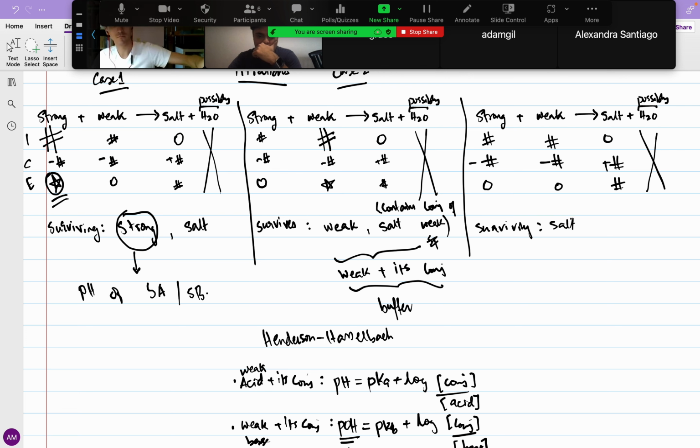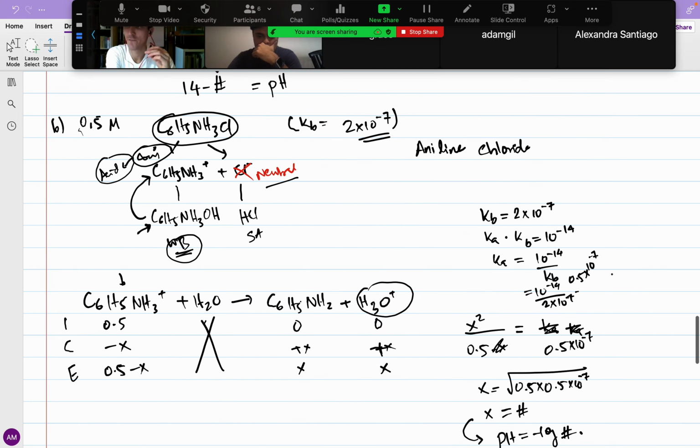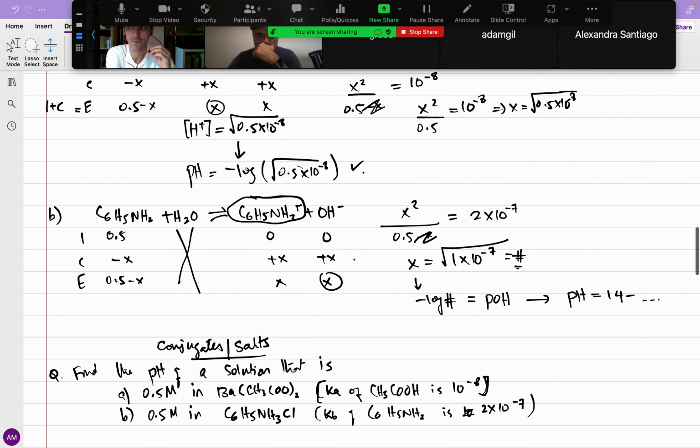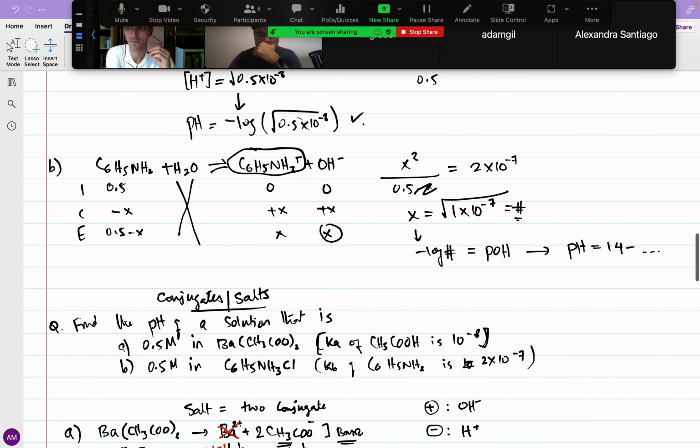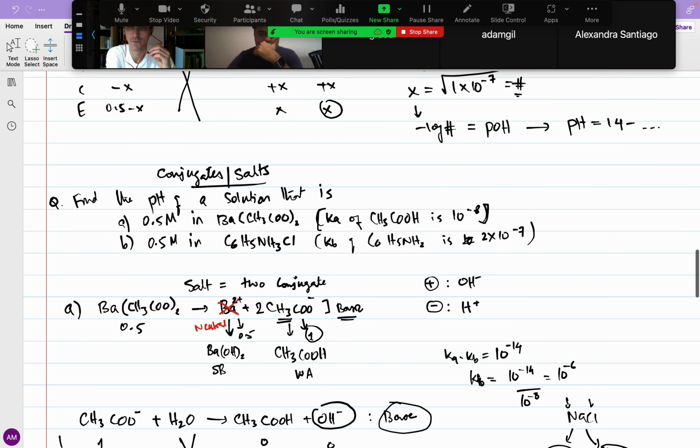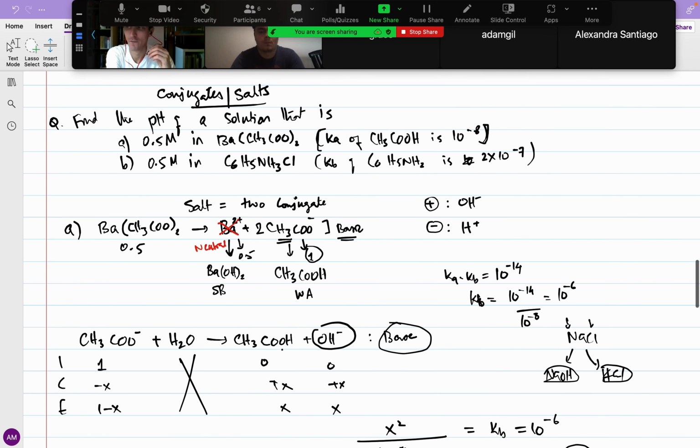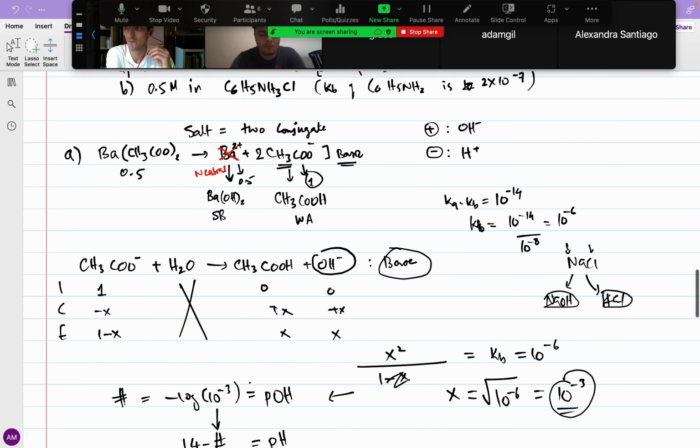Have we seen calculate pH of salt questions before? Yes, we have. So now this becomes the pH of salt case, which we know how to do. Take your salt, you break it up into its conjugates, and you find the pH active one. You draw an ice table and go from there.